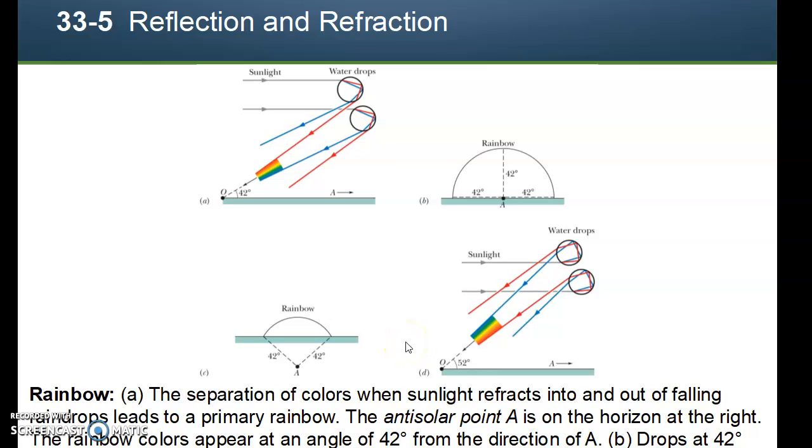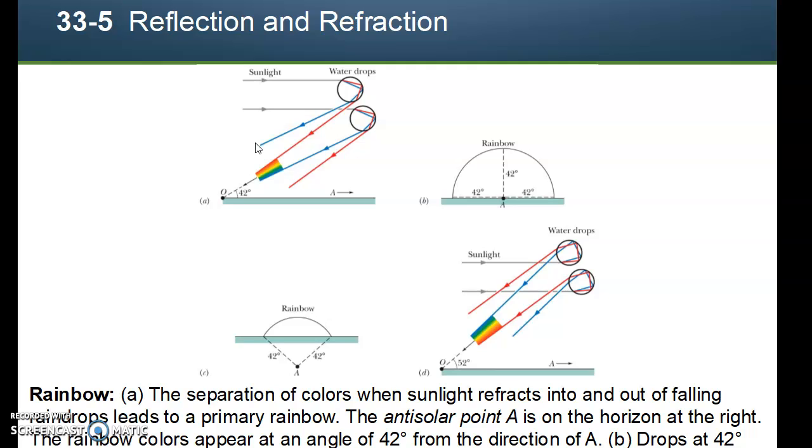So, reflection and refraction. Let's look at the rainbow next. You've got sunlight incident upon a water droplet, and it can be all sorts of different water droplets. It's going to be refracted here, reflected back here, and then it's going to come back out here at another refraction. So there you have a refraction, a reflection, and then another refraction.